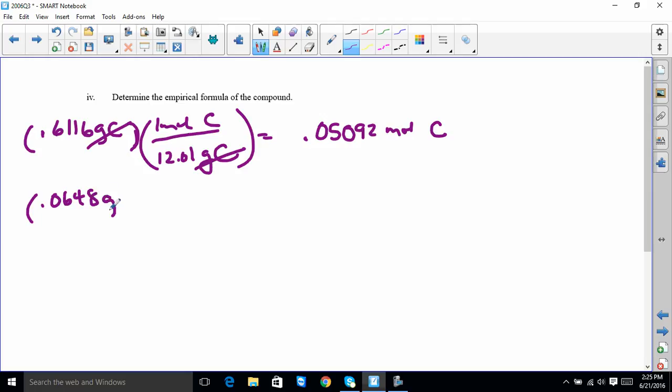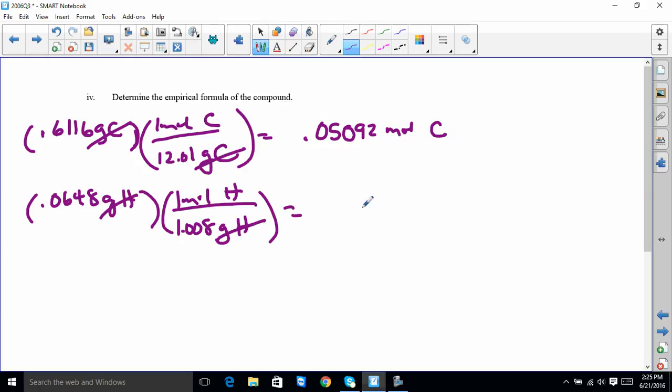And then we have 0.0648 grams of hydrogen, and we know that 1 mole of hydrogen is 1.008 grams of hydrogen, and so this ends up being 0.06429. But actually, this has 3 sig figs, so I probably should make this 3 moles of hydrogen.